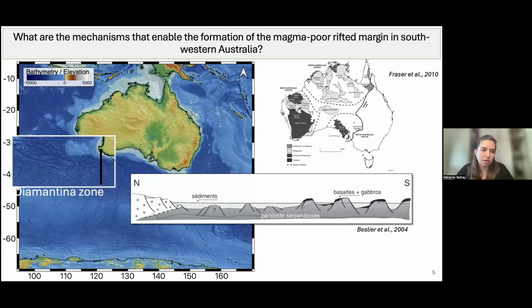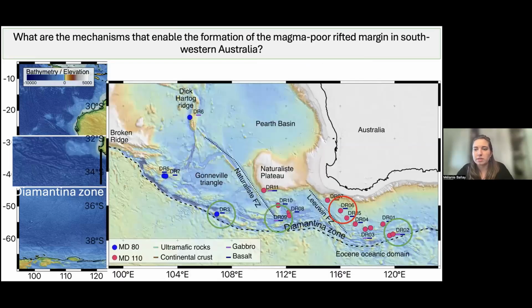In the Diamantina zone you have a lot of peridotites, and these peridotites were dredged at four dredge points.